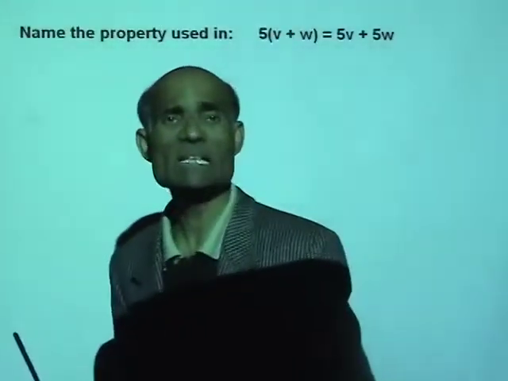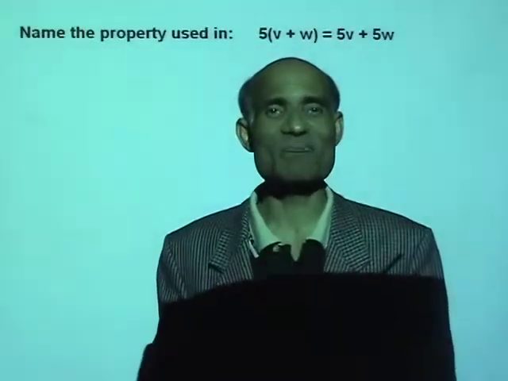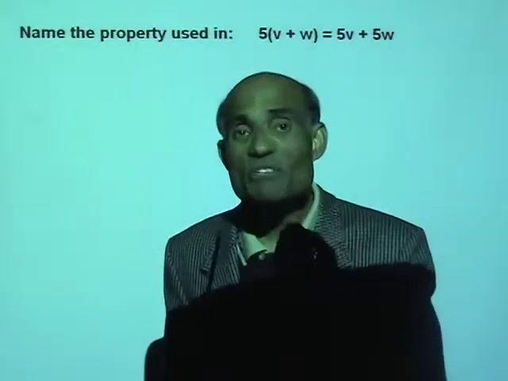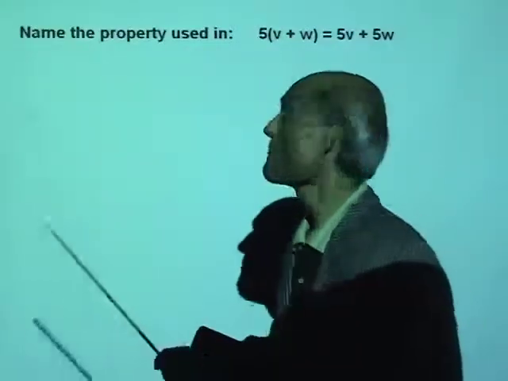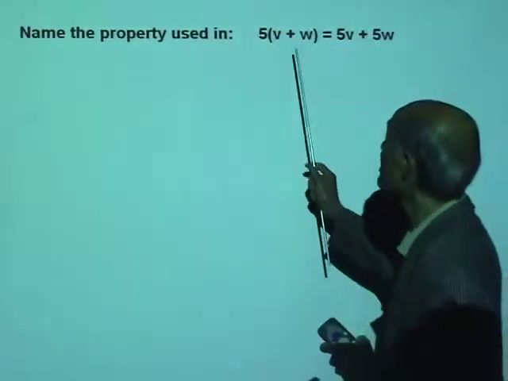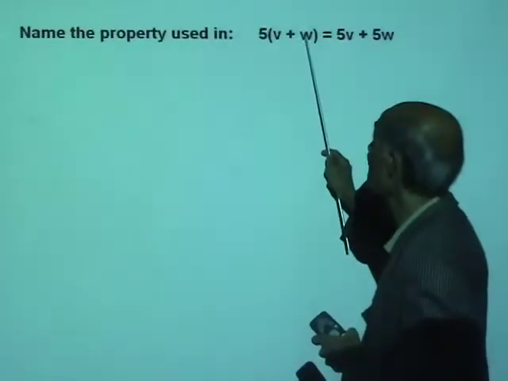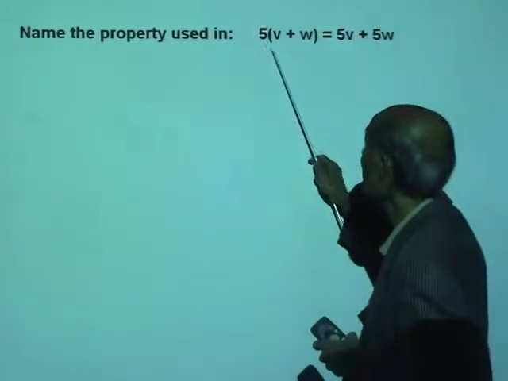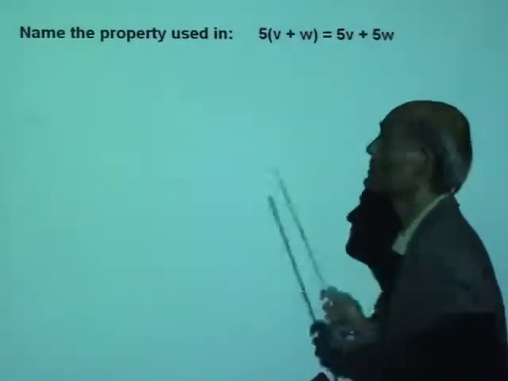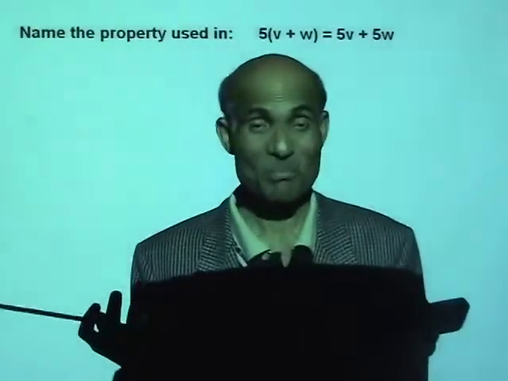Okay, in that case, I want you to now look at some of the results I'm going to give you and identify the property that is used here. What is the property that is used here? 5 times V plus W equal to 5V plus 5W. What is the property used here? Very simple, is that right?